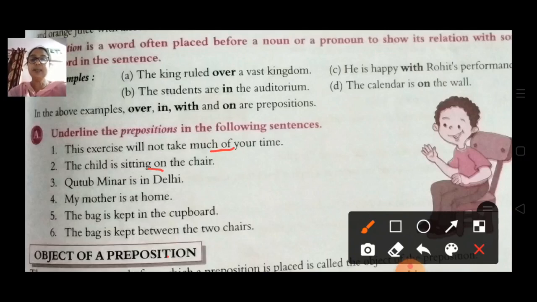Now next, third number: Qutub Minar is in Delhi. So where is Qutub Minar? Qutub Minar is in Delhi. In over here is a preposition. Now next, my mother is at home. Where is my mother?